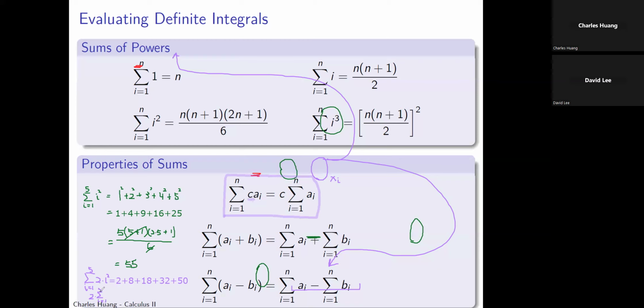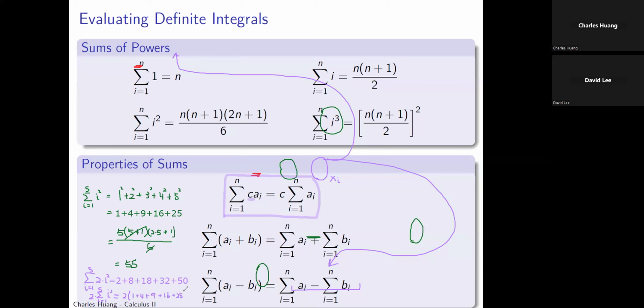So I can say 2 times 1 plus 4 plus 9 plus 16 plus 25. So I'm going to pull the 2 out in front.